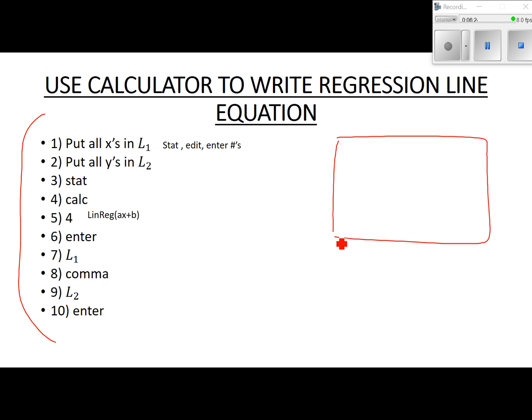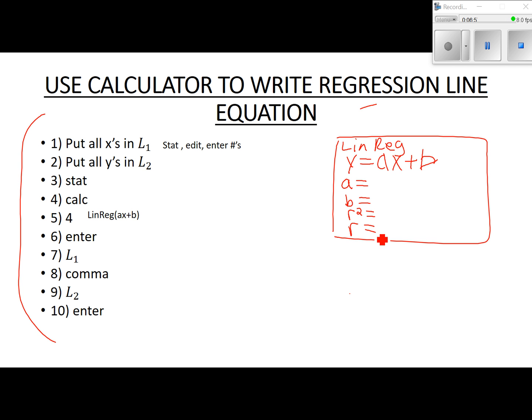And it says something like linear regression, y equals ax plus b. And then underneath it, it tells you what A is, it tells you what B is. And if you did what you were supposed to do, it should also tell you what R squared is and what R is.